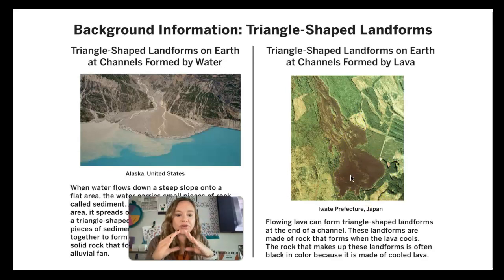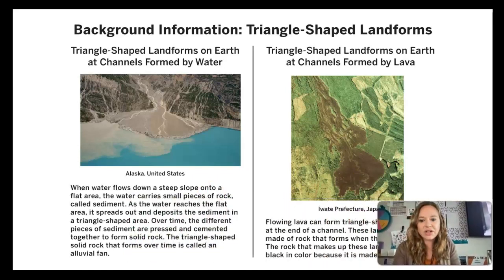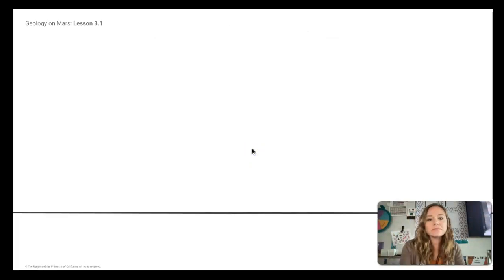The triangular shape at the bottom is cooled lava that was moved down during the lava flow. And again, if we look over here, the triangle on the left side with the channels formed by water was formed by pressed together and cemented together sediment. So it's also a hard rock, but it was created with sediment that was pushed down by the flowing water.